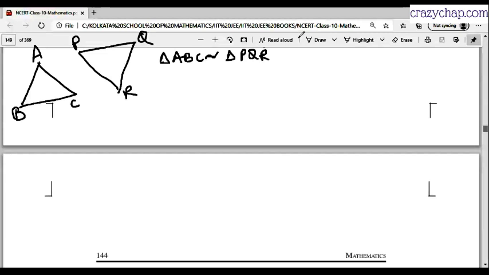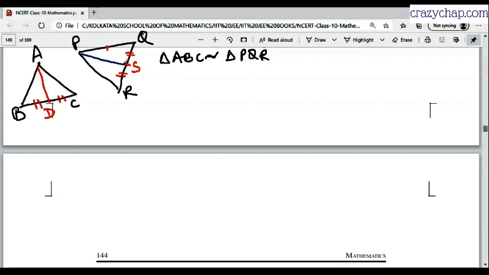Is that good? I will show you an example. Let's say point D is a midpoint of BC, and for angle A it is P, and S is a midpoint of QR, right?